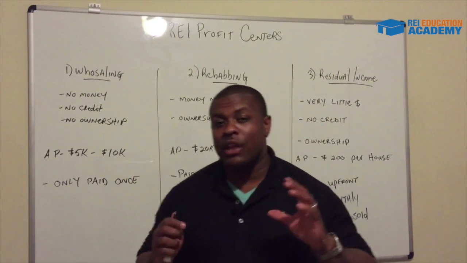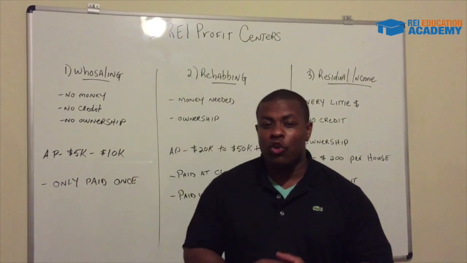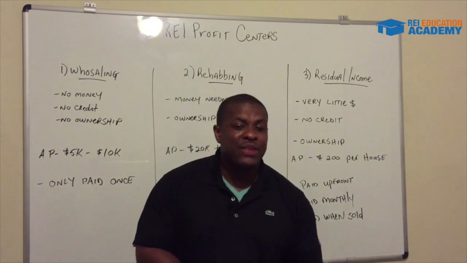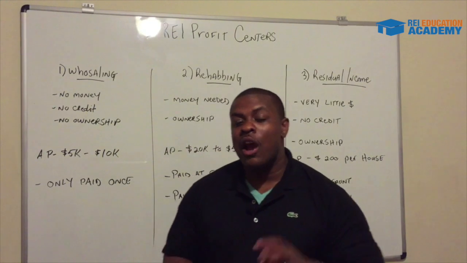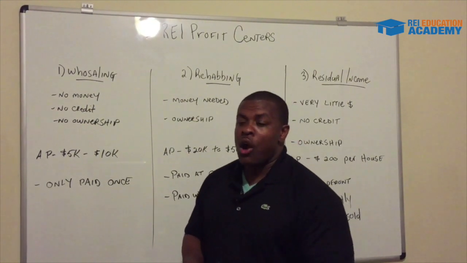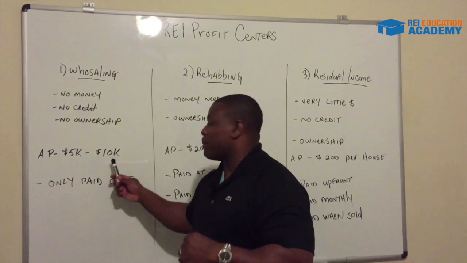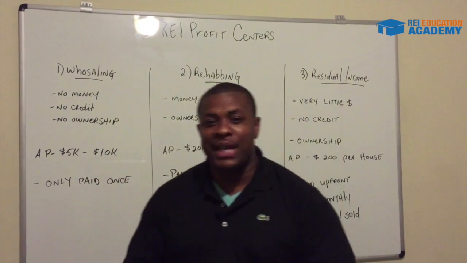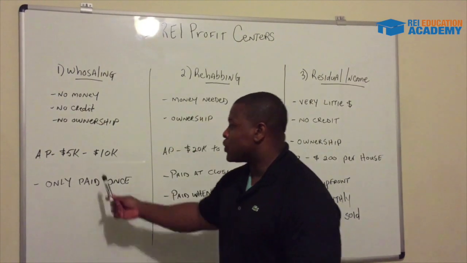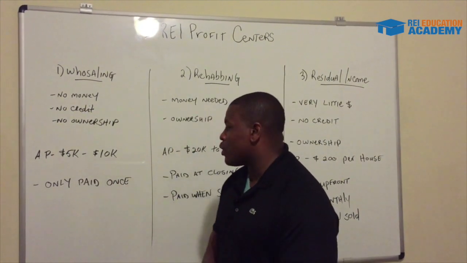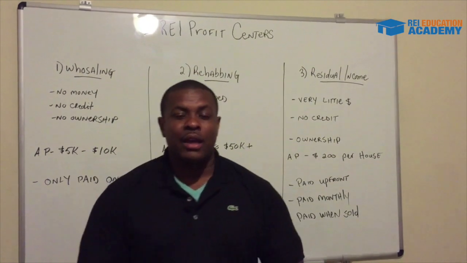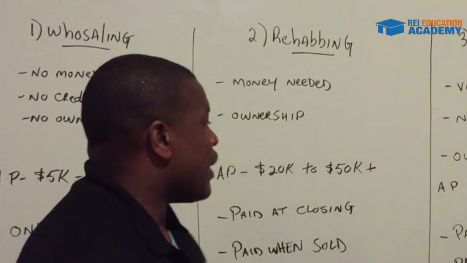Now you will occasionally come across deals where you can make somewhere in the neighborhood of $20,000 to $30,000 on a wholesale flip. But most of your deals are going to be base hits. Okay, I like to call them base hits. And then once in a while you'll get that home run. Okay, most of your deals are going to be $5,000 deals and $10,000 deals and in between. And then once in a while you'll get that home run.